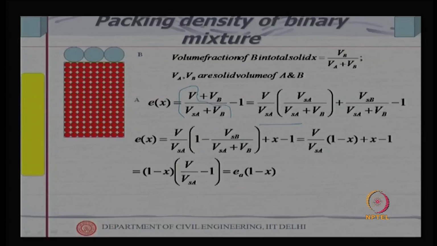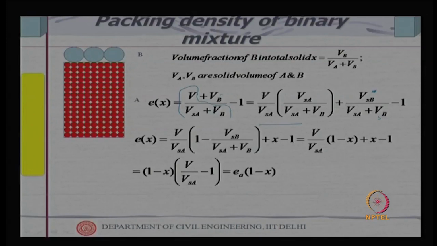The volume of the solid V B is the amount I have added, solid I have added in the overall system. So, V S B divided by V S A plus V S B, because there is no other solid volume. So, V B is nothing but V S B, I have just written it like this. I could have written V S B as well, because V B is same as V S B.